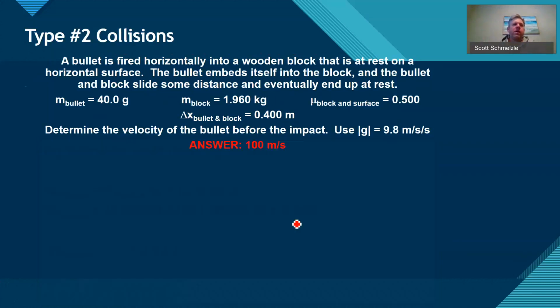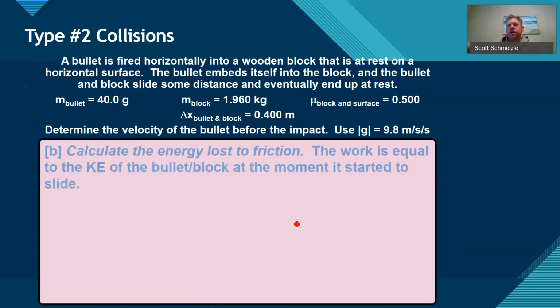All right. We then have to look and say, okay, calculate the energy lost to friction. Now, here again, what we want to think about is where is this energy going, right? Because the block is moving, it's kinetic energy, right? Friction is going to turn this thing into heat. So what we want to know is, using one of our equations from one of our previous chapters, work is equal to the change in kinetic energy, right?